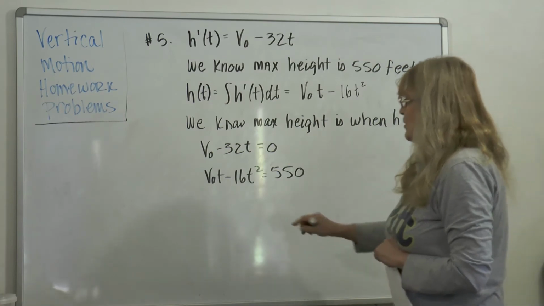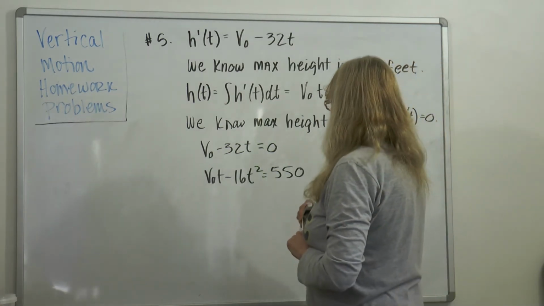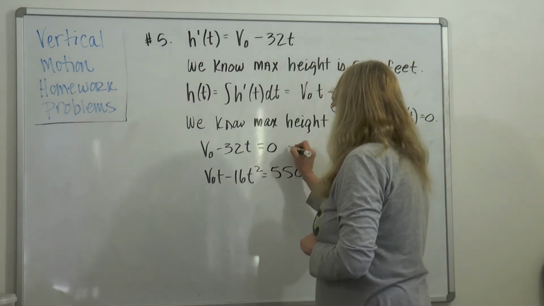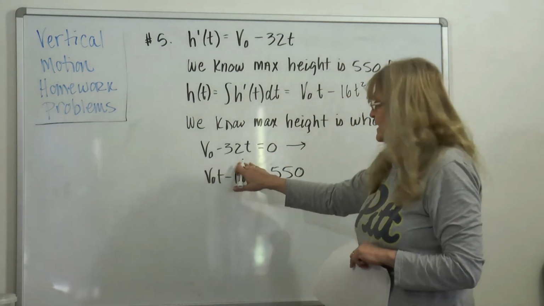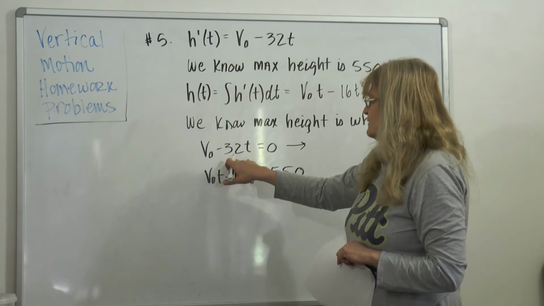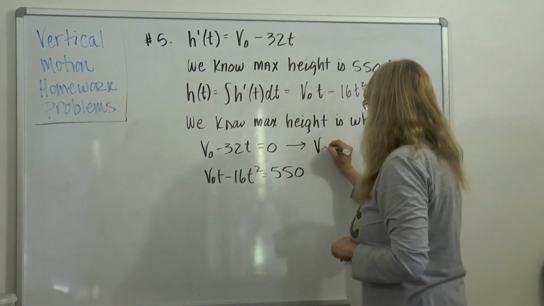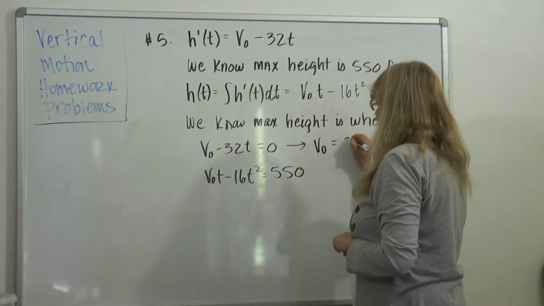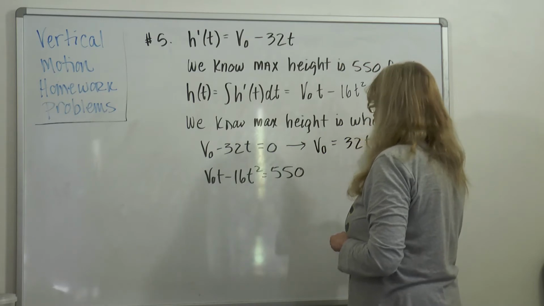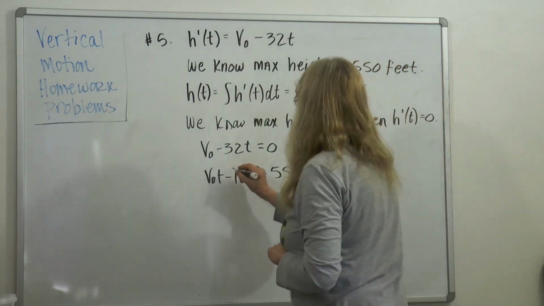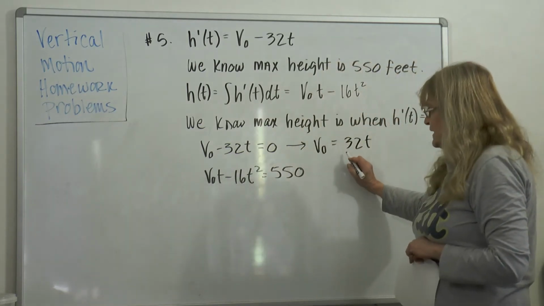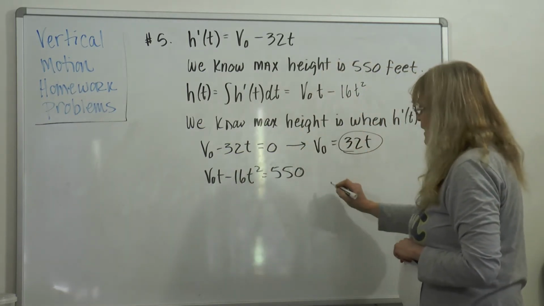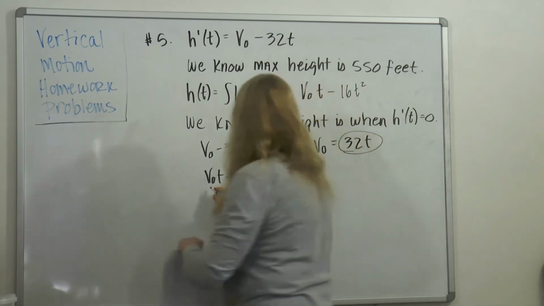Well, since I'm going to be solving for v sub naught, I'm going to take this and solve for v sub naught in terms of t. I'm going to add 32t to both sides. So v sub naught is equal to 32t. Okay, so I take this value and put that definition in for this one.